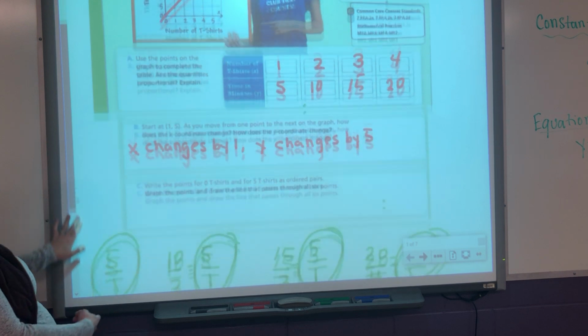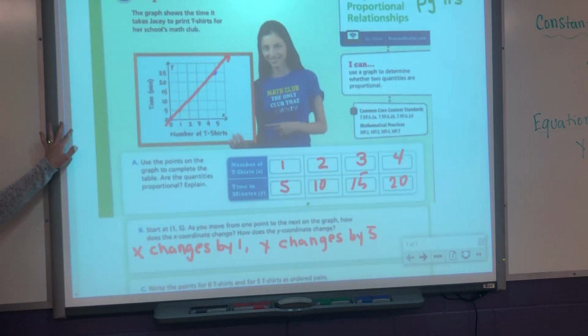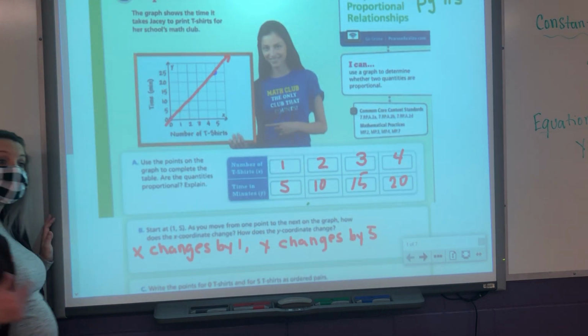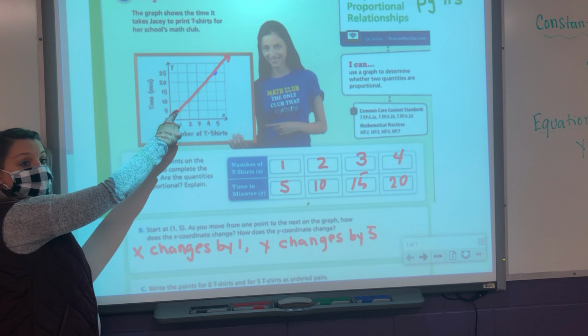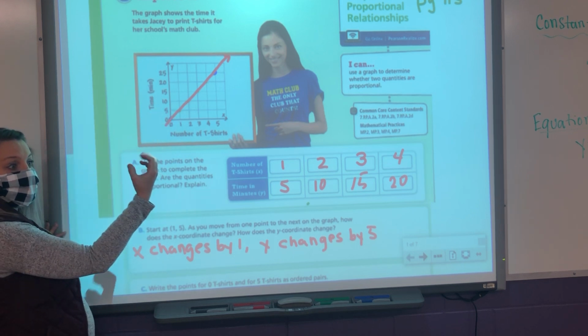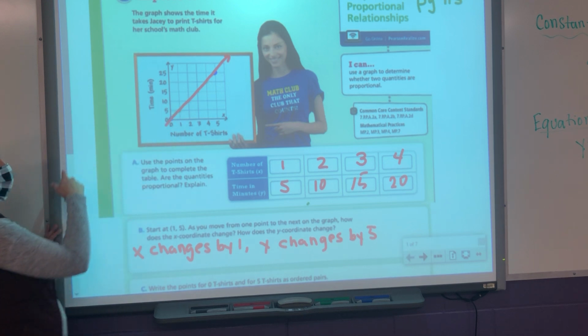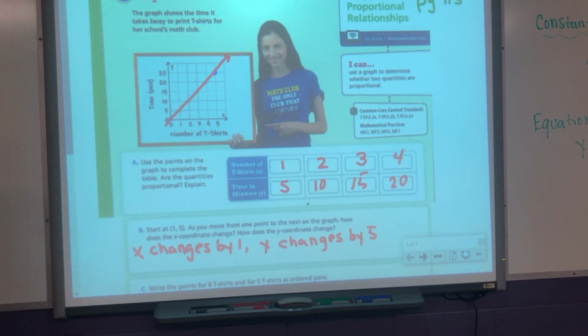What about here? Same thing? So our unit rate is always this point right here. Whatever 1 is, that's always our unit rate as well. So you could actually look from a graph, look at where your graph is traveling through 1, and you would have your unit rate. You wouldn't even have to calculate it.